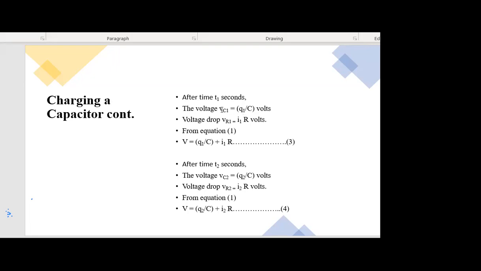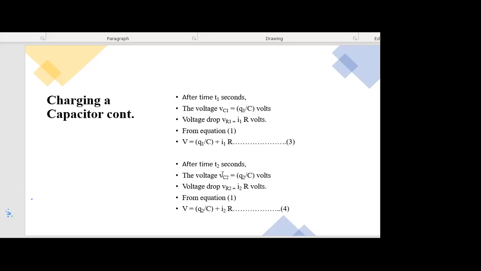The voltage across the capacitor will be equal to Q1 over the capacitance, and the voltage drop across the resistor will be I1 times the resistance. When you substitute this in equation 1, you get the DC voltage V will be equal to Q1 over the capacitance plus I1 times the resistance.